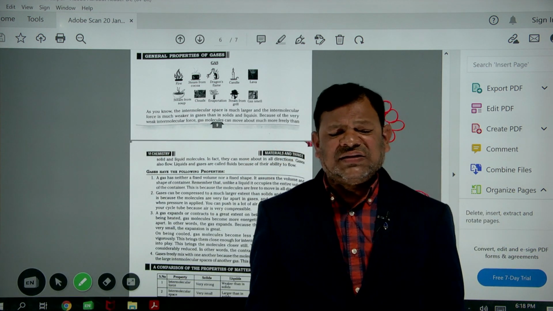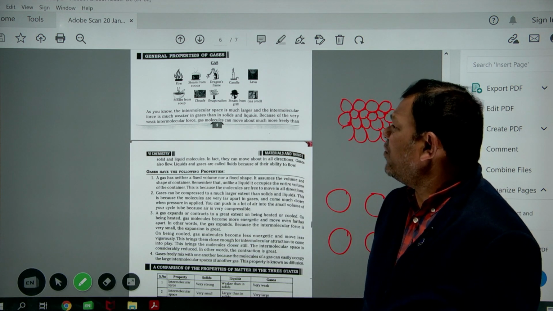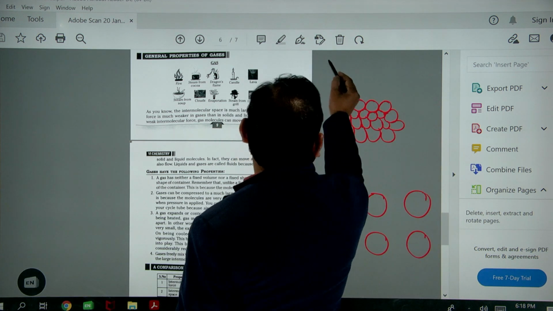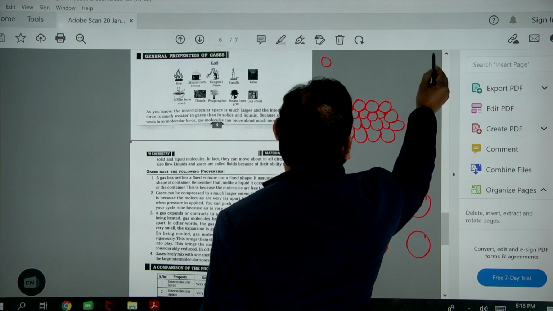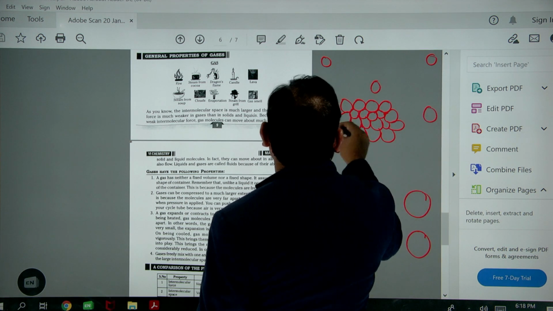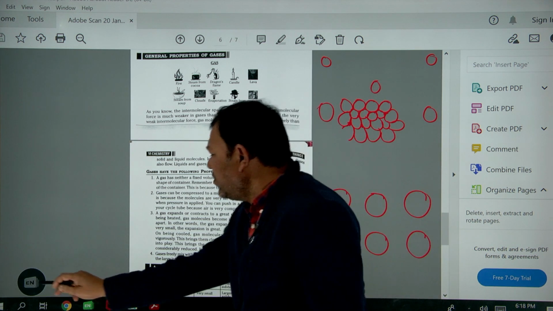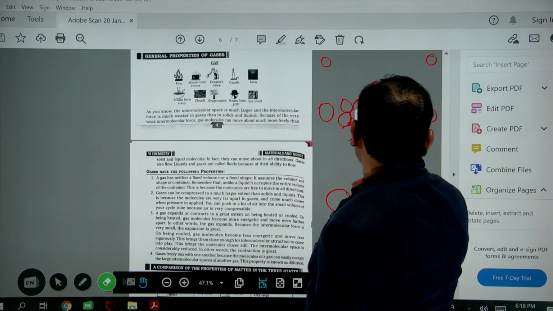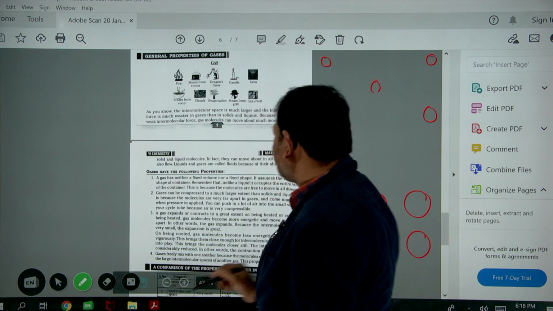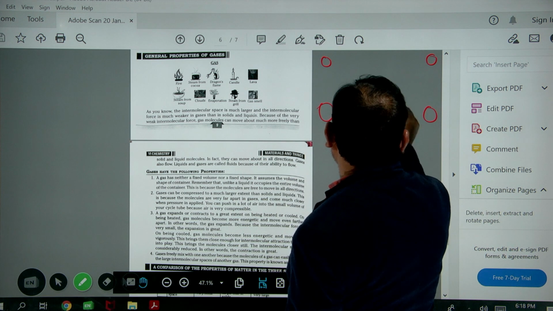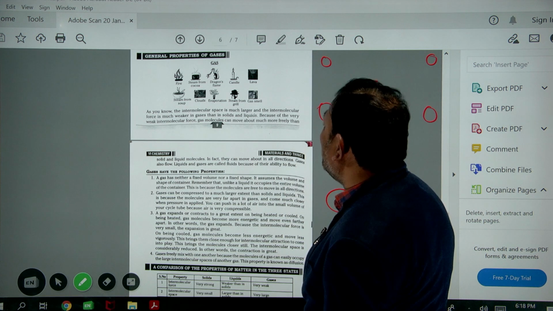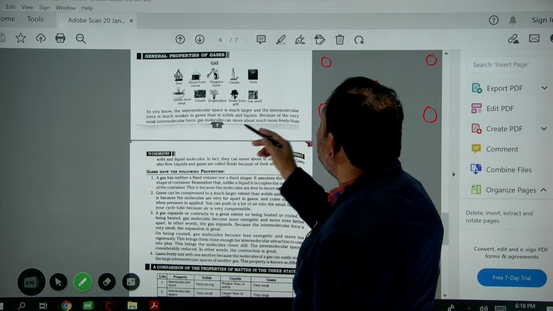All these gases are in the gaseous state because, as you know very well, the intermolecular space is much larger. For example, here is one molecule, here is another molecule, and another. The distance is more, and the intermolecular force is weaker in gases than in solids.